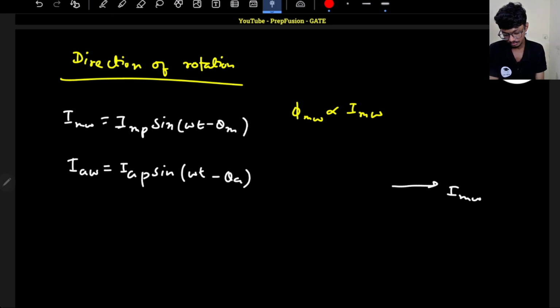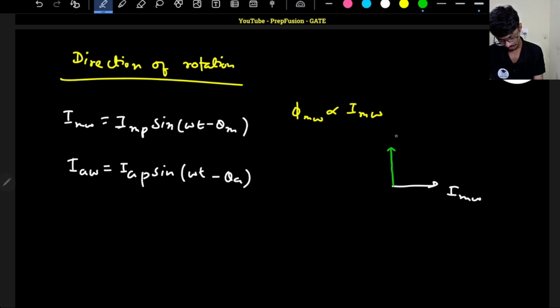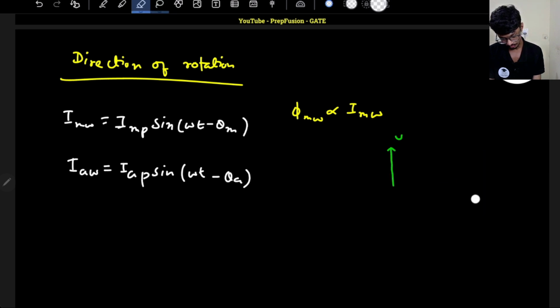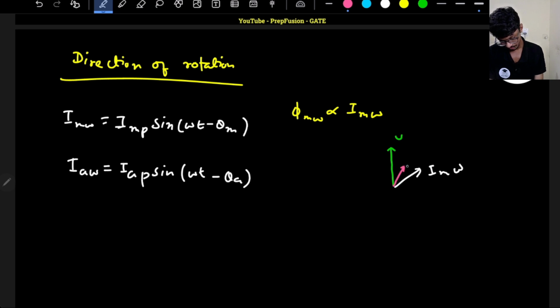Let us assume this is my voltage, and my main winding current I_MW is more lagging, and this is my auxiliary winding current.